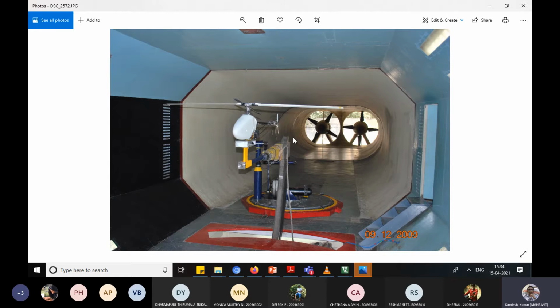So normally what is the requirement there? You should have a load cell, like strain gauge balance sensors, which is required based on the weight of your aircraft. If you want to test, let's say 3 kg, you cannot use 10 kg or 50 kg type of sensors. You should go with 3 kg or 5 kg type of sensors, which means you can test a maximum of 5 kg.